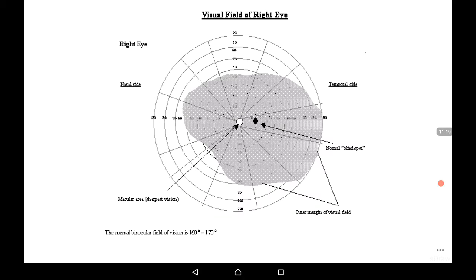For analysis of the visual analyzer, we may estimate the visual acuity of vision, how sharp, how good we may see, and another type of analysis is the analysis of visual fields. So here we may see the visual field of the right eye.